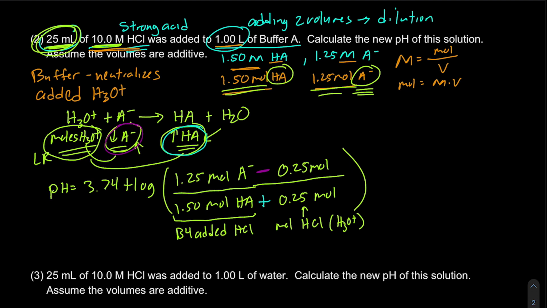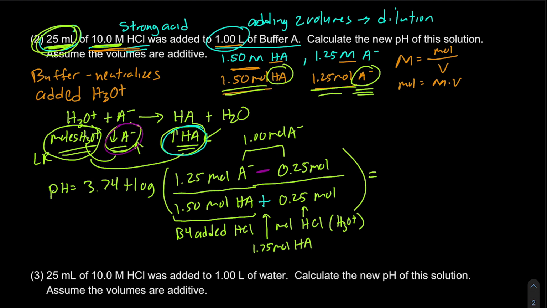And so what that means is that effectively now we have 1 mole of A minus left over, and we have 1.75 moles of acid now present in our solution. So we basically have shifted some of that base to become the acid. And because this is a weak acid-base equilibria, it's not going to generate a whole bunch of change in our H3O plus concentration.